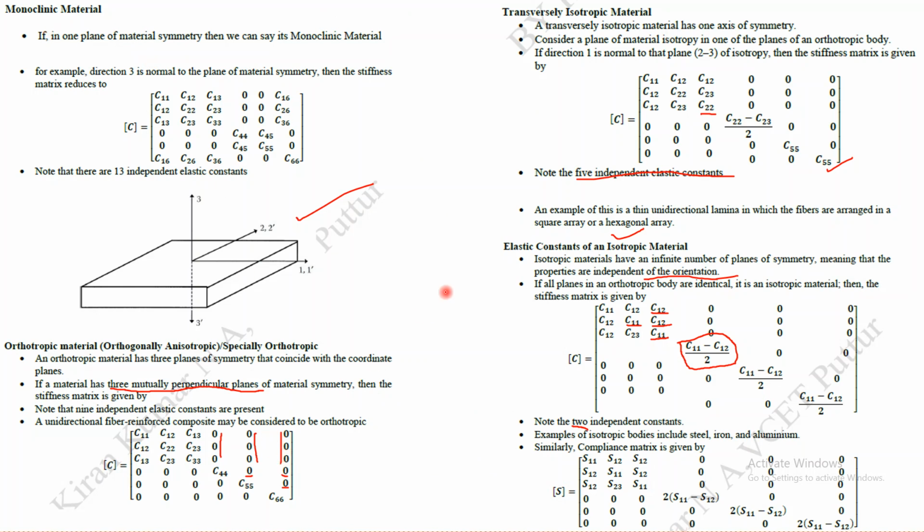So in total, the materials that we have seen are anisotropic material, monolithic material, orthotropic material, transversely isotropic material, and isotropic material. So totally 5 materials in this variety of classifications. Actually, for all these things there is a derivation, so we'll cover that later.